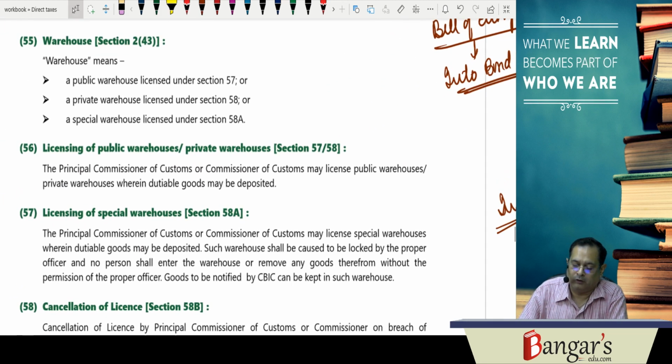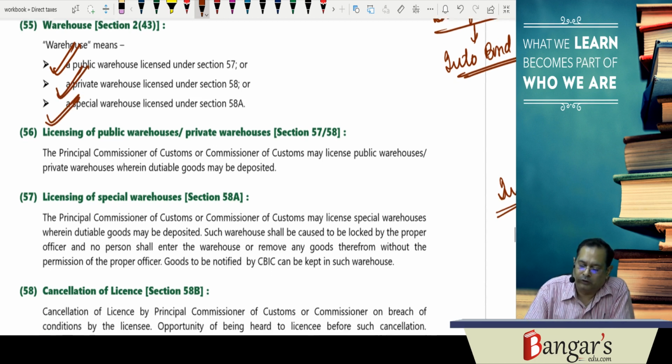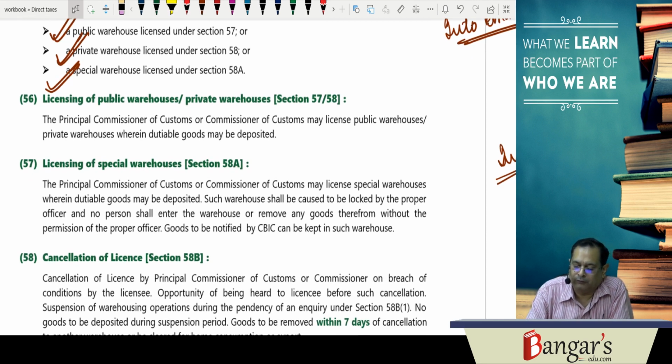So here, warehouse basically means a public warehouse licensed under section 57. It can be a private warehouse licensed under 58, or a special warehouse licensed under 58A. The license is given by the principal commissioner or commissioner of customs, wherein they can license public warehouses or private warehouses where dutiable goods may be deposited.